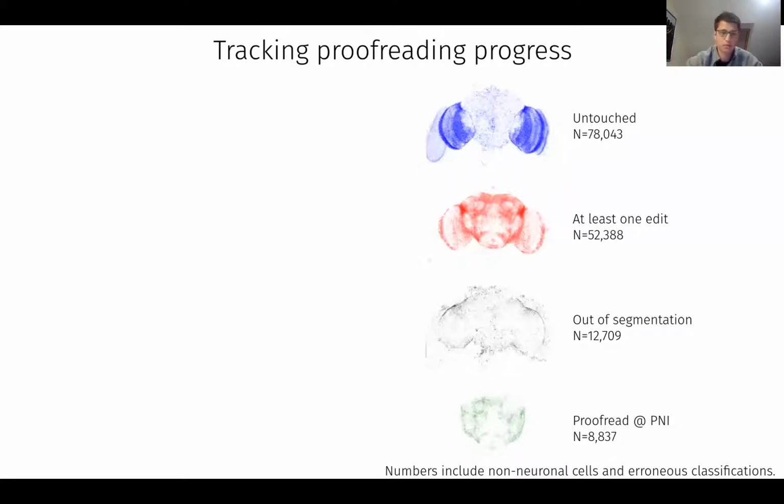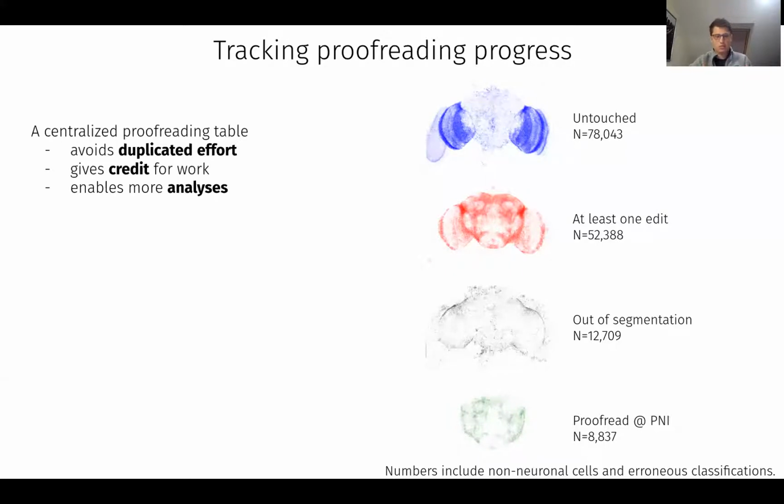But in order to now continue proofreading and not redo work, we are also starting an annotation table, an effort to collect all that information that everybody probably at home has to make that available and share. So the plan is to have a centralized proofreading table that stores all the neurons that have been proofread and deemed, at least to some extent, complete by somebody in the community.